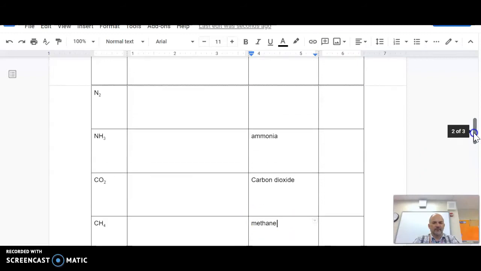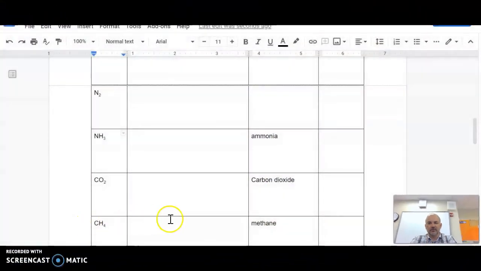Going back to whether they're elements or compounds in this column, remember that an element is only one kind of atom. In this model, we had a blue and 3 yellows. That's 2 kinds of atoms. So in that model, ammonia must be a compound. You can kind of think of it as if it's got more than one color in the model, it must be a compound.